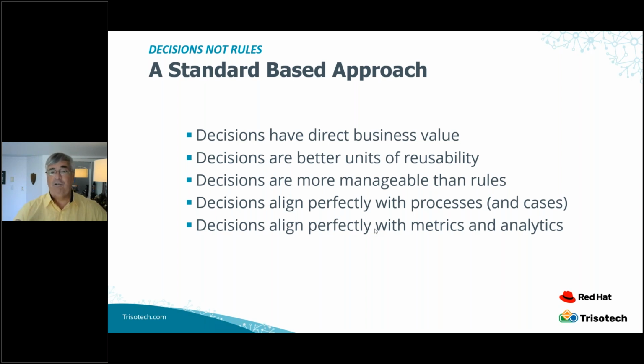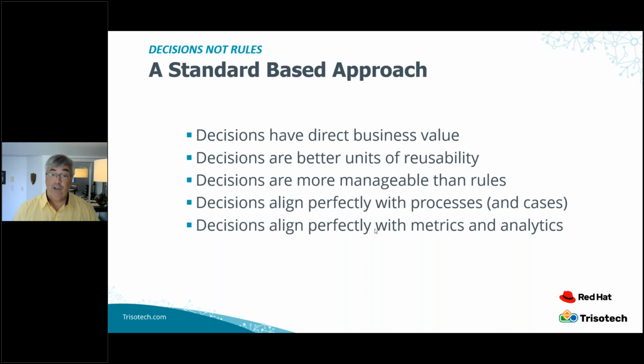So decisions have a direct business value. When you have a decision, the decision leads you to a next step or the follow-on in your activities, in your task, in your process, in your case. So a decision has direct value, where with a rule it is less clear whether the rule has direct value.